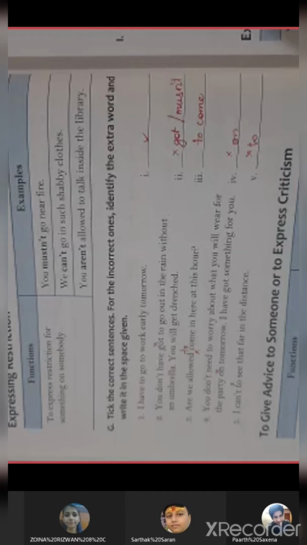Now check the correct sentences. For the incorrect ones, identify the extra word and write it in the space given. Number one, I have to go to work early tomorrow. Put a tick mark. That is totally correct. Number two, you don't have got to go out in the rain without an umbrella.